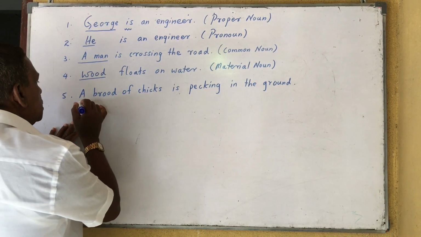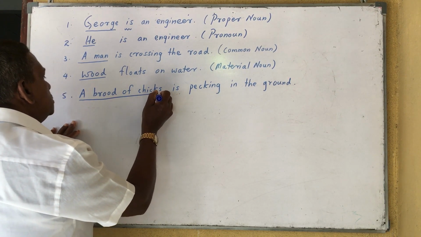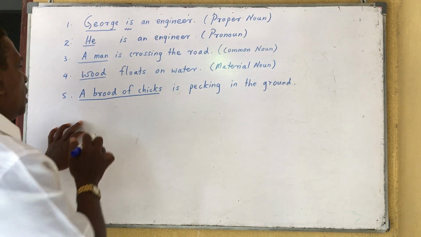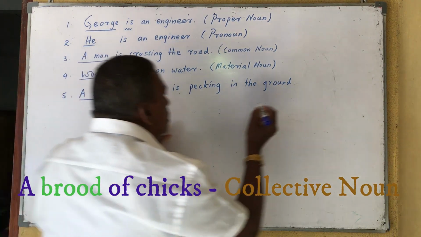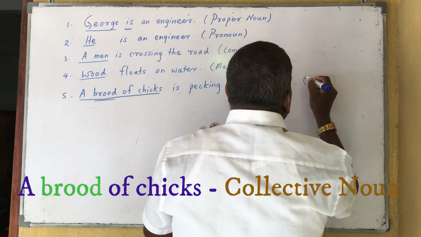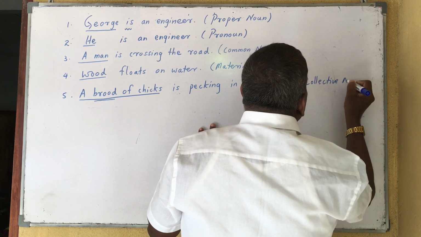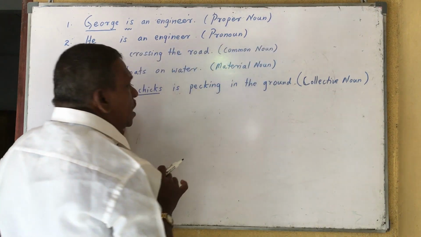So here the subject is a group of chicks or a brood of chicks. Here subject word is brood. It is a collective noun. Collective noun means a name given to a collection.